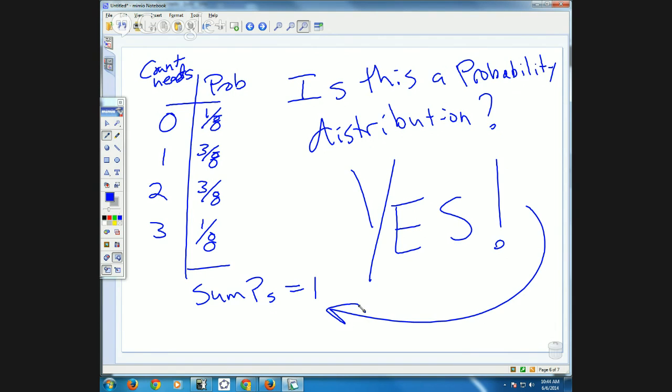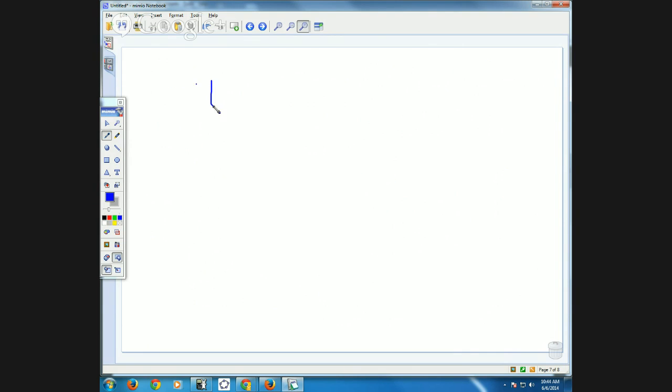Even better, this particular kind of probability distribution is called a binomial distribution, in which case we could use the binomial formula. Now, I'm not going to make you write it like I did on the last test, but who thinks they remember the binomial formula for a single event? Who? You want to give it a shot?